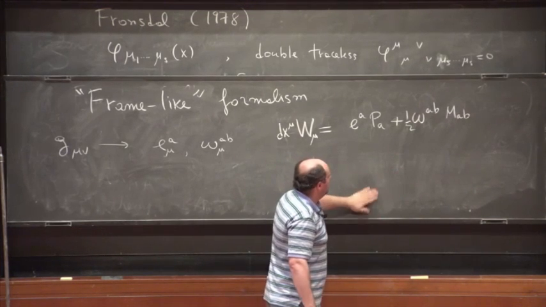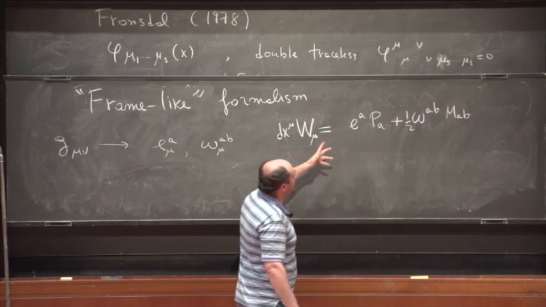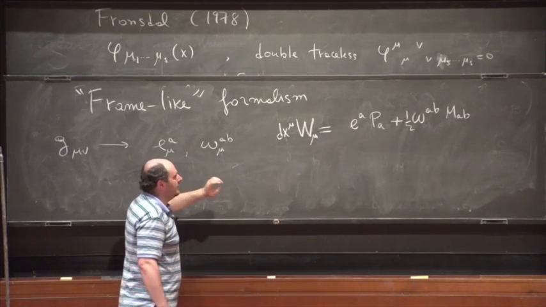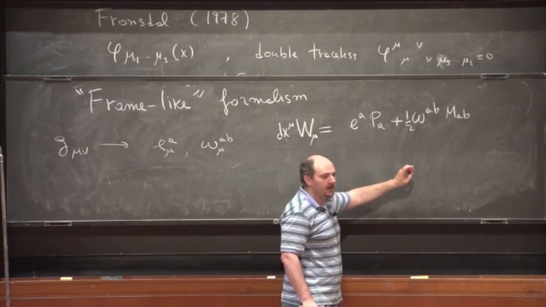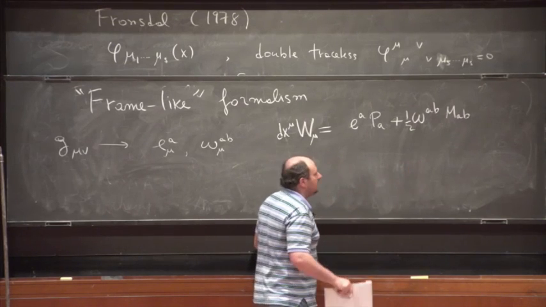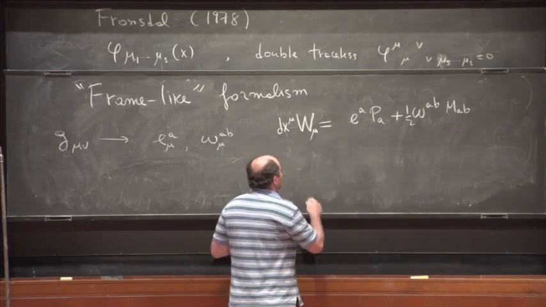Okay, so if we are working with negative cosmological constant, the algebra satisfied by this P_A and M_AB is the AdS algebra. In D equal 3 would be SO(3,2).